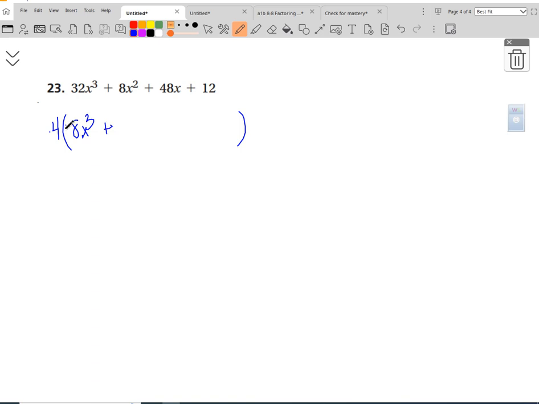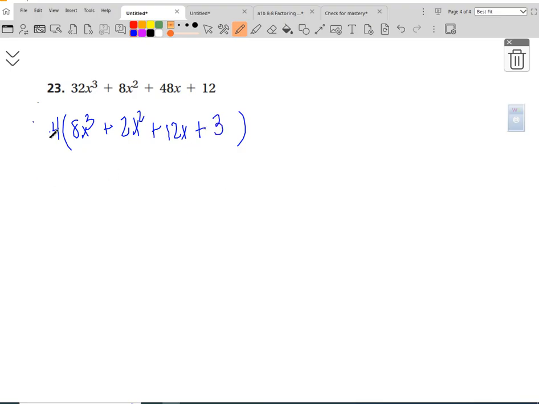Plus 4 times 2x squared is 8x squared. Plus 4 times 12x is 48x, plus 4 times 3 is 12.